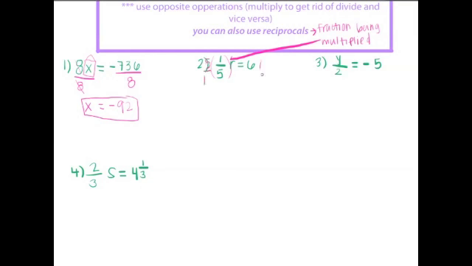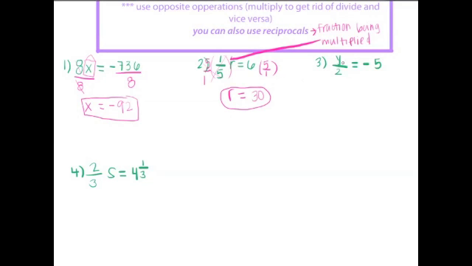And if I do that there, I'm going to have to do that on this side. Remember, 5/1 is the same thing as 5, so if you don't want to put that over 1, that's fine. These cancel out, leaving me with an r. 6 times 5 is 30. And there you go. So if there's a fraction being multiplied, use reciprocals.